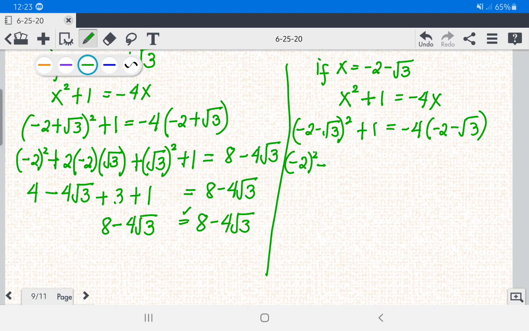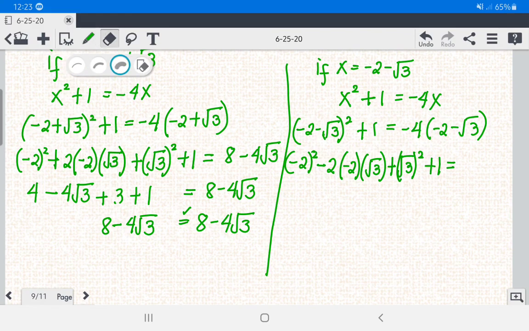So minus 2 times the first term, which is negative 2, times the second term, which is square root of 3. Then plus the square of the second term, so square root of 3 squared. Then plus 1 here. Then equals, next, negative 4 times negative 2. That is positive 8.